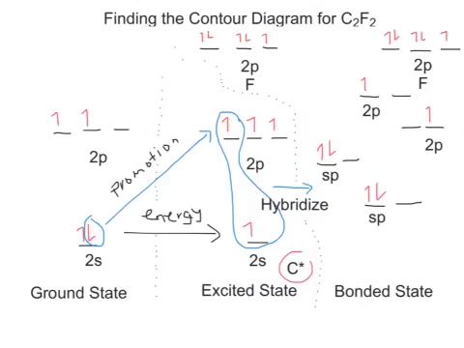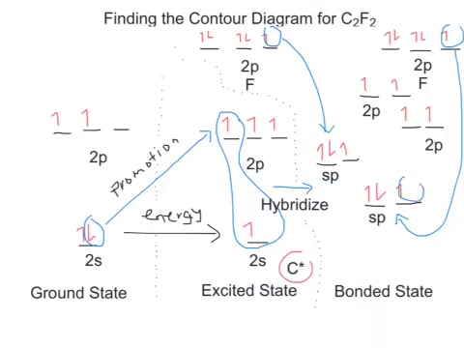So let's redistribute the bonds here. We have this one go right here, this one go right here. Let's not forget the already existing electrons on these empty spaces.